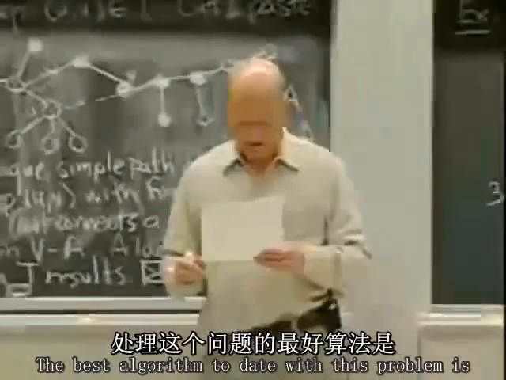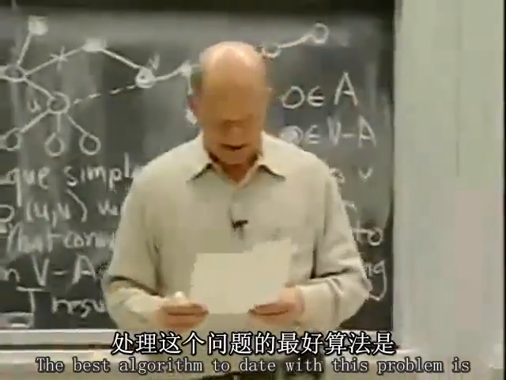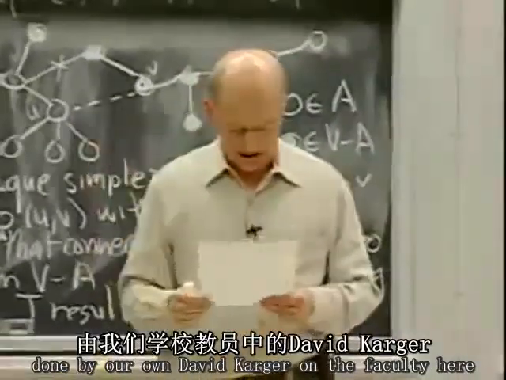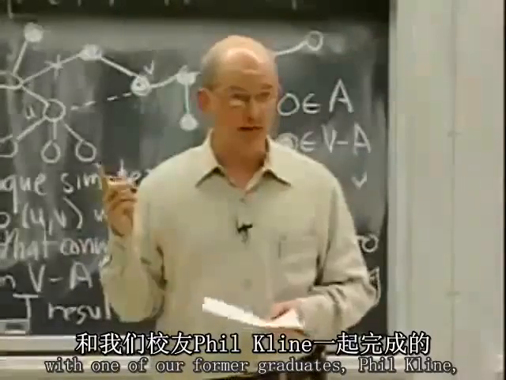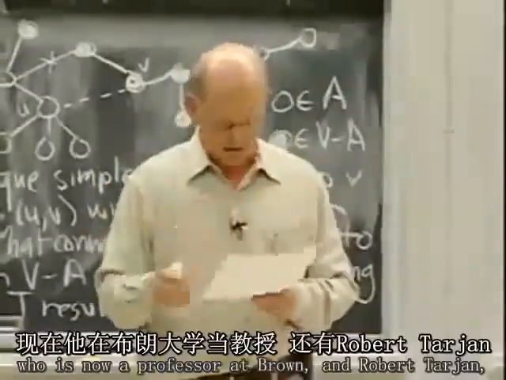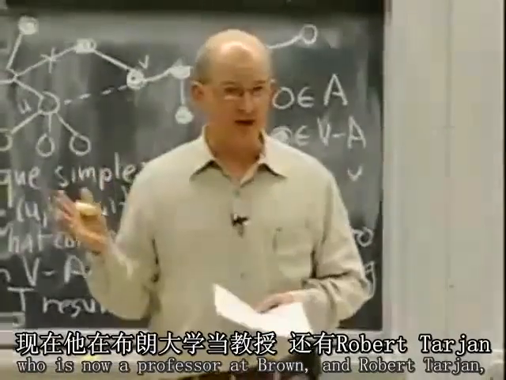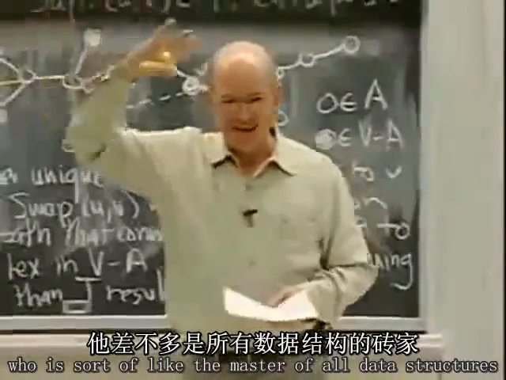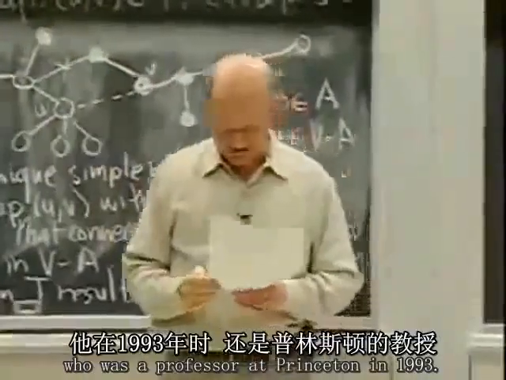The best algorithm to date for this problem is by our own David Karger on the faculty here, with one of our former graduates, Phil Klein, who's now professor at Brown, and Robert Tarjan, who is sort of the master of all data structures, who's professor at Princeton.